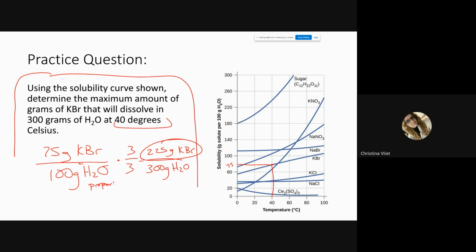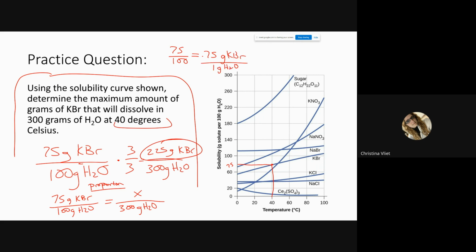You could also do this. You could do 75 grams KBr over 100 grams H2O equals X over 300 grams H2O. 2.25 is not right, but I know how you got it. You did 75 divided by 100, and you got 0.75, which is the amount of grams of KBr per 1 gram of H2O.